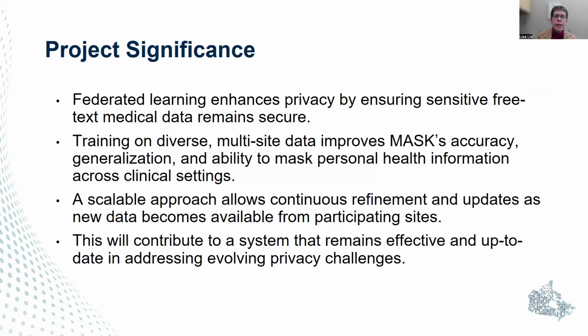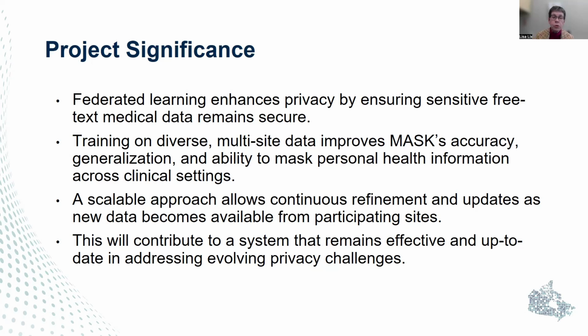The fact that we're working in a multi-site environment and with diverse kinds of data should help in terms of the generalizability, across a variety of settings, of the ability to mask that personal identifiable information. Using the masking algorithm should allow for refinements and updates as new data becomes available for participating sites.